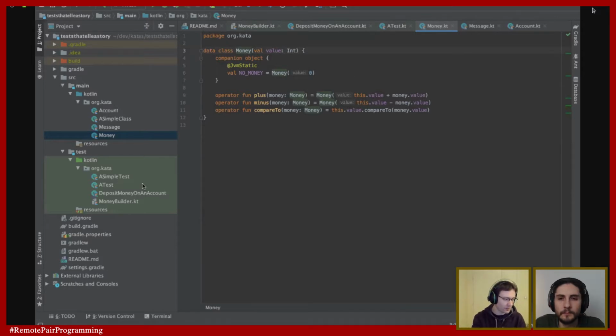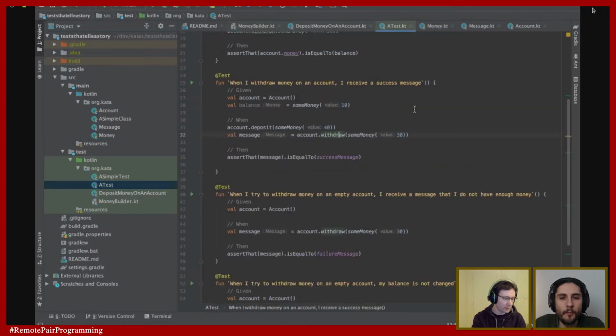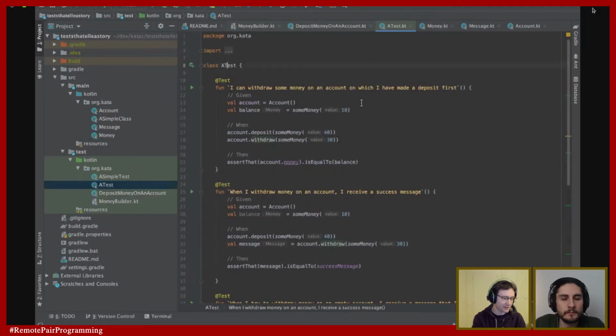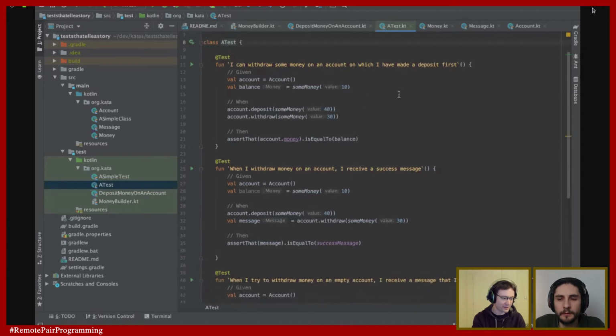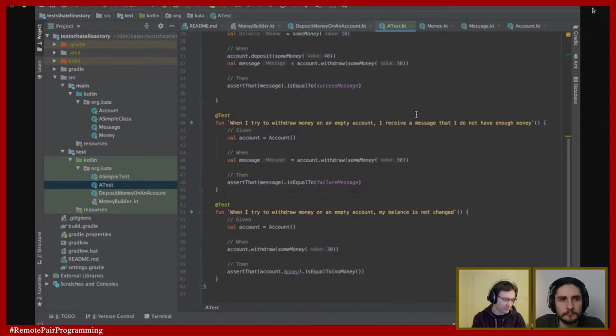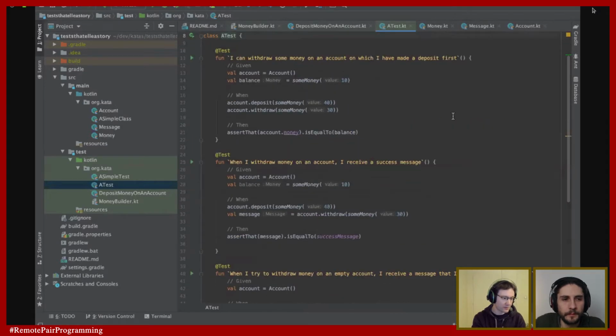Now about the withdrawal, well, we didn't name the test correctly, I see. It was still work in progress. Yes. And so we wrote like 4 tests. The first one, which is that I can withdraw some money on an account on which I have made a deposit first. So this is a standard case, I would say.